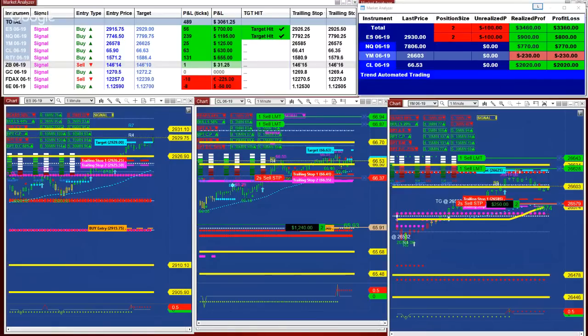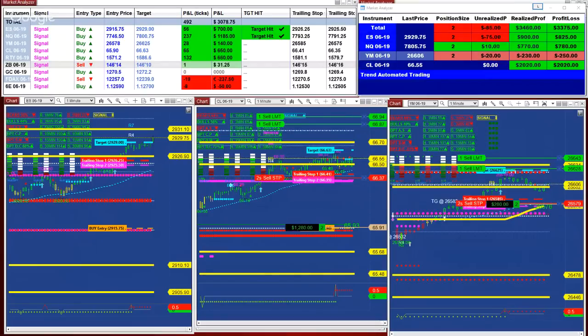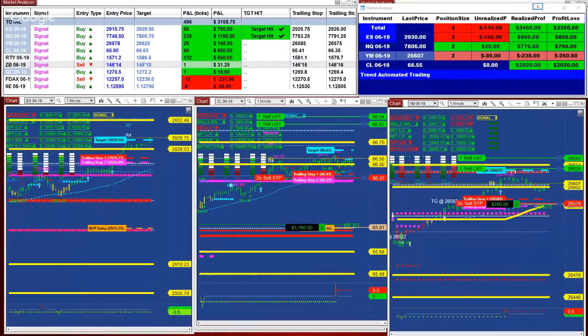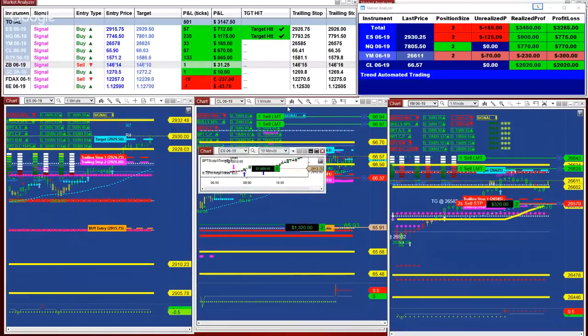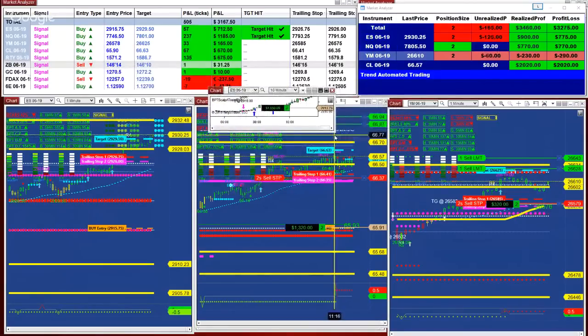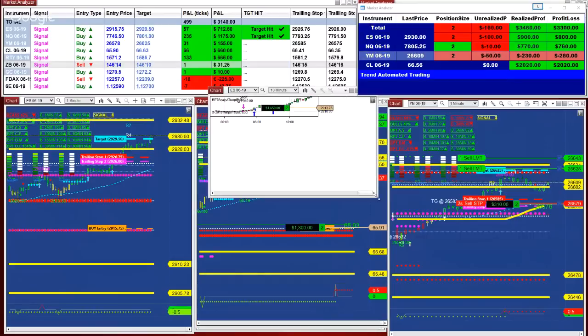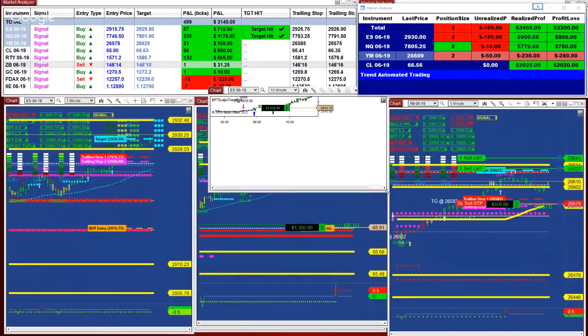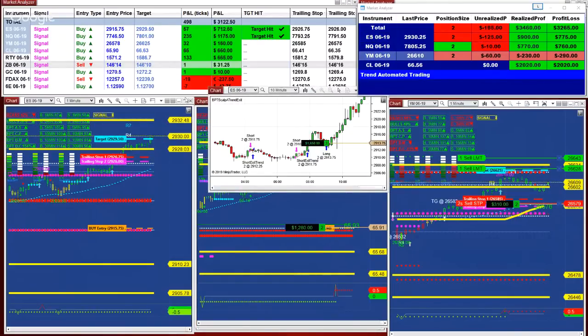Okay, let's see what the other auto trades have done. Most of them have closed their positions. This is really funny.